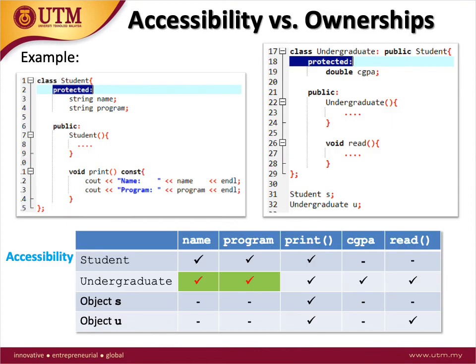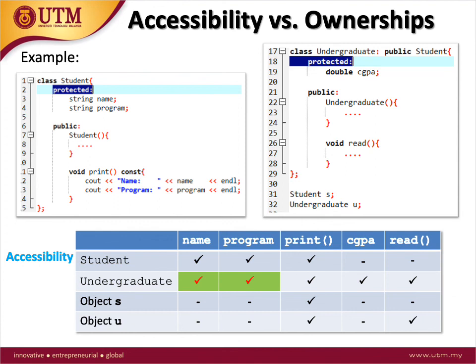Next, if you make the access specifier for the attribute members protected in the class Student, then the Undergraduate class can access the name and program attributes from the Student class.